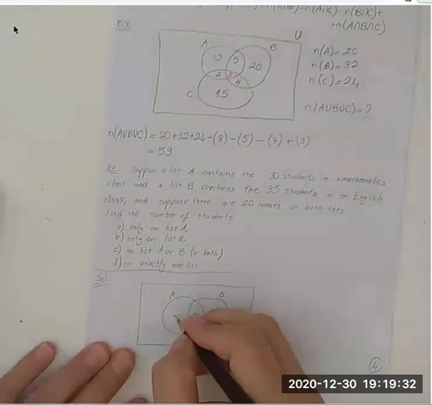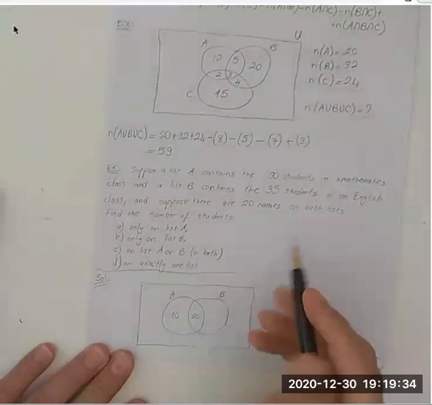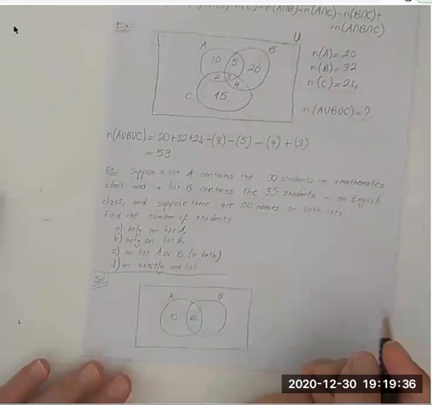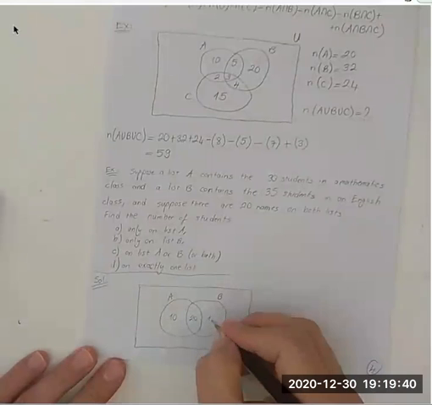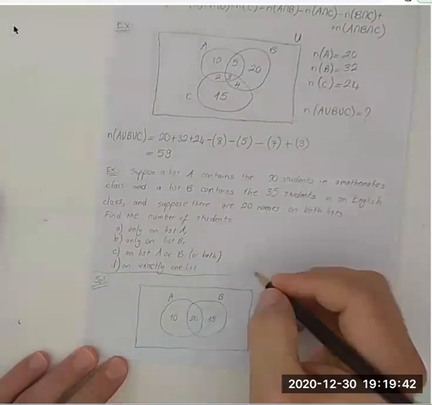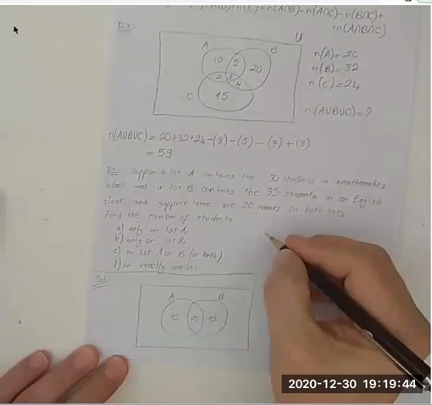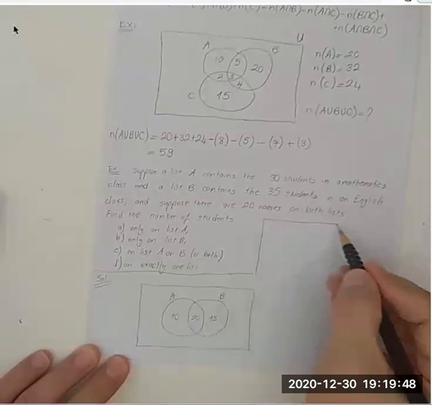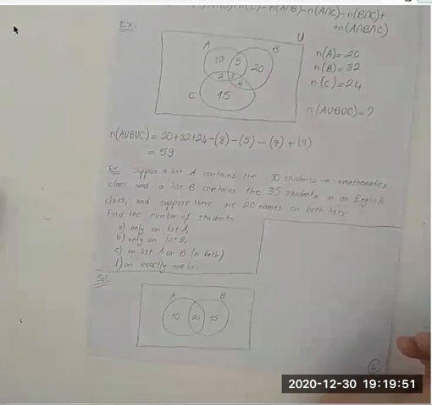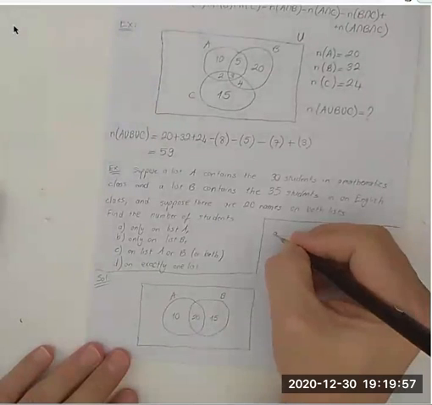Okay, I will make some place here to write the solution. Case A: what is the answer for case A? 10, right? Only on list A is 10.